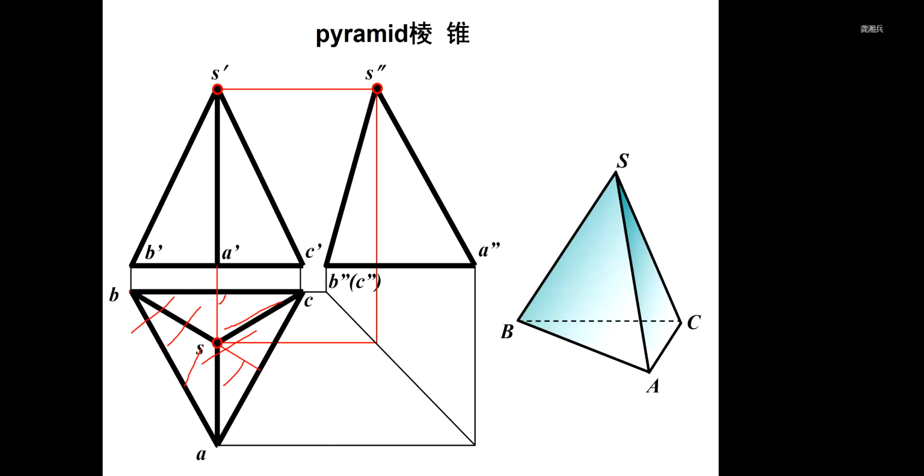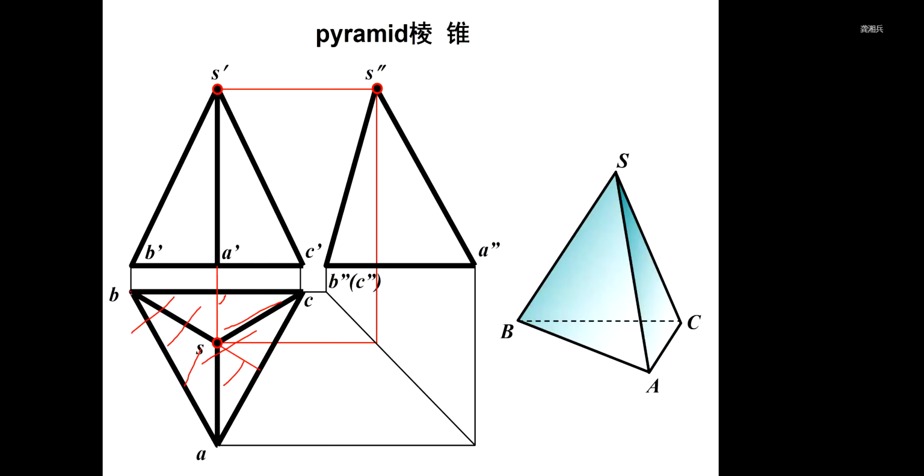Remember this plane, the ABC plane, the bottom plane, is a horizontal plane. So this is the true shape of ABC for the pyramid, and the other two projections accumulate to two lines.